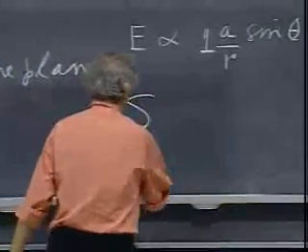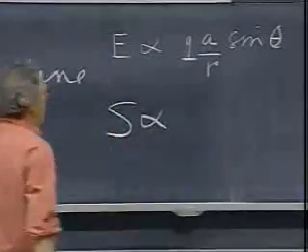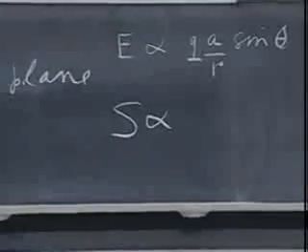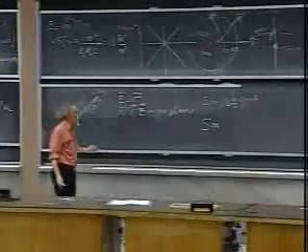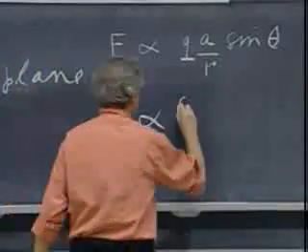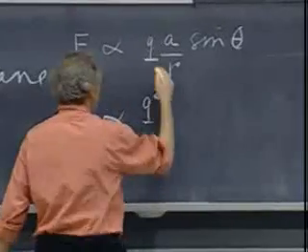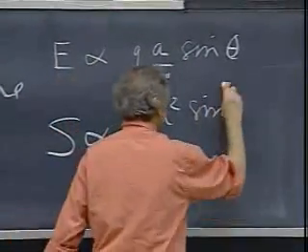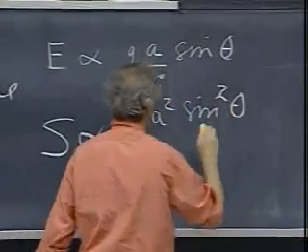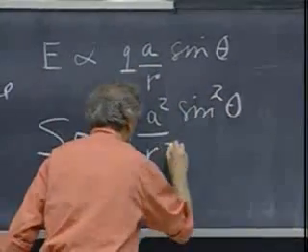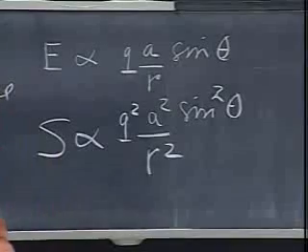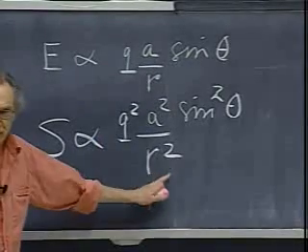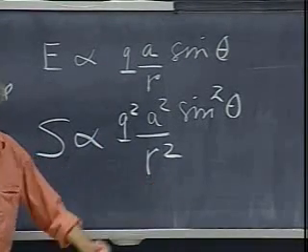And the Poynting vector, which is the product of E and B, but E is always proportional to B. So the Poynting vector then is proportional to Q squared, proportional to A squared, proportional to the sine squared of theta, and inversely proportional with r squared. And it is obvious that it has to be inversely proportional with r squared.